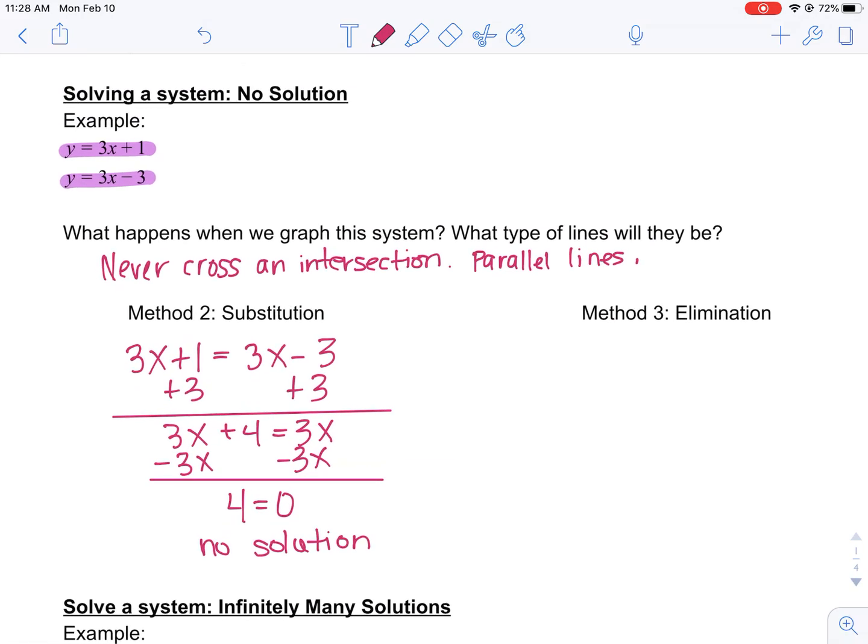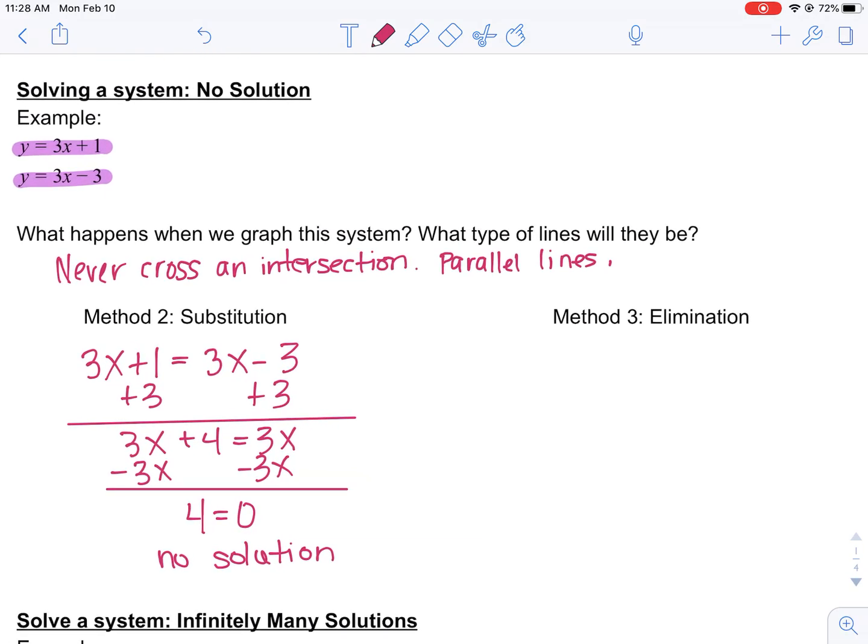Moving on to elimination. If I do these in elimination, I need to have both my variables on the same side. So when I rewrite the equations, I get -3x plus y equals 1, and the second equation is -3x plus y equals -3.